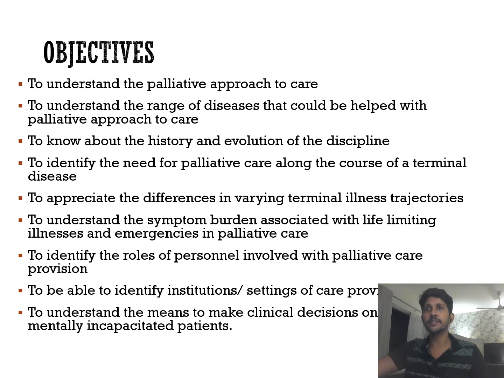And then we will understand how decision making can be made easier in terms of patients who have lost mental capacity. So to start with, you will also need to know a little bit about mental capacity to be able to learn that part.